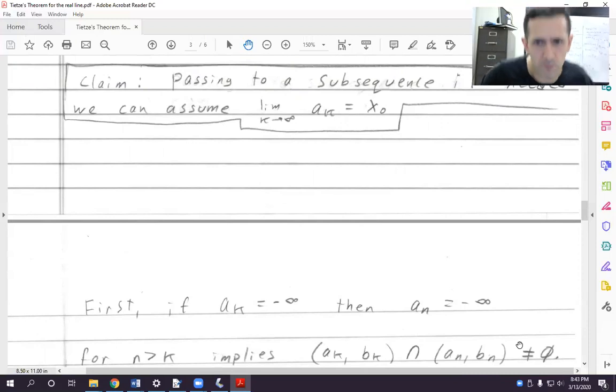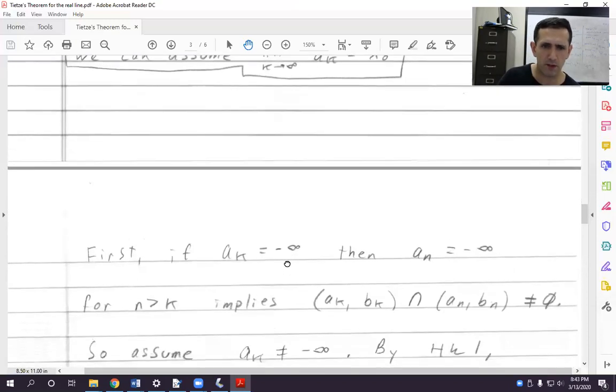Okay. So in other words, if ak is ever minus infinity, then, letting n be bigger than k, we're not going to ever have minus infinity for the an. So if it is ever minus infinity for an ak, just throw it away and look at the rest of them. They're not minus infinity.